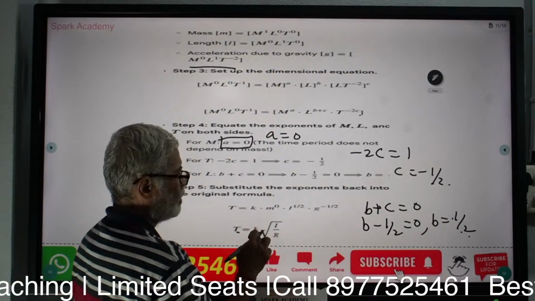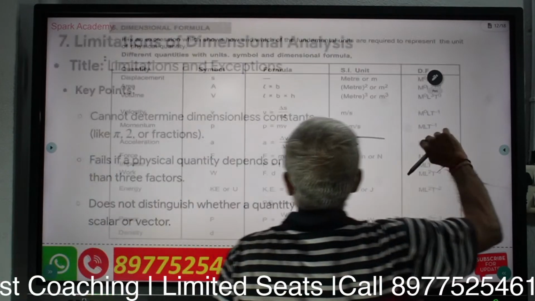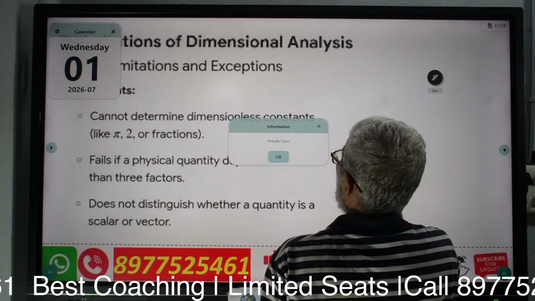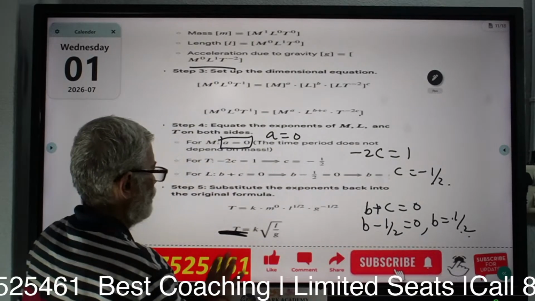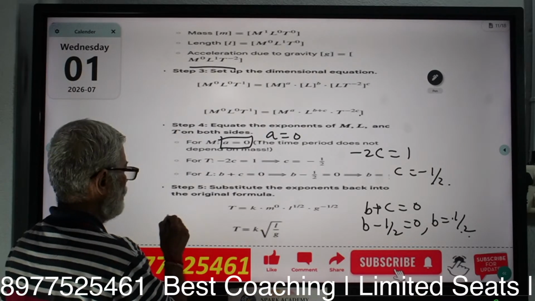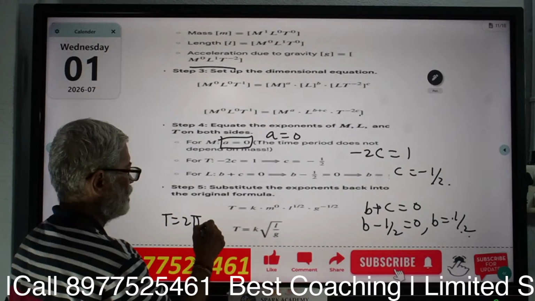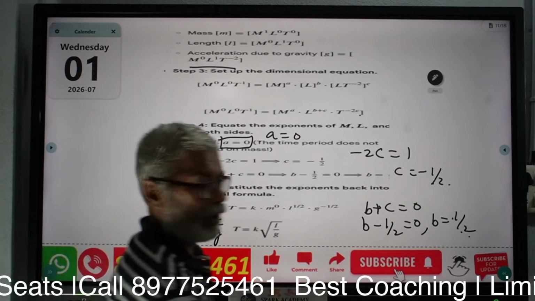So T will be equal to K root of L by G. So T will be equal to 2 pi, in K experimental, root of L by G.